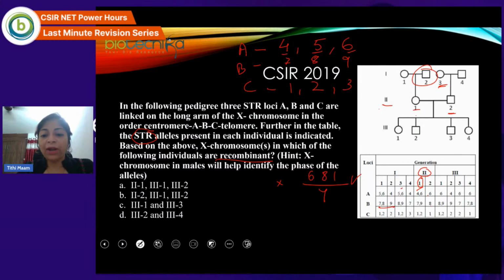In 1, 2, what alleles are present together? 4, 9, and 2. It means for sure in this 2 1 individual, 4, 9, and 2 are present on one chromosome. If you remove 4, 9, and 2, the other chromosome that she is getting from her mother will have 6, 7, and 1. Do you follow, everyone?